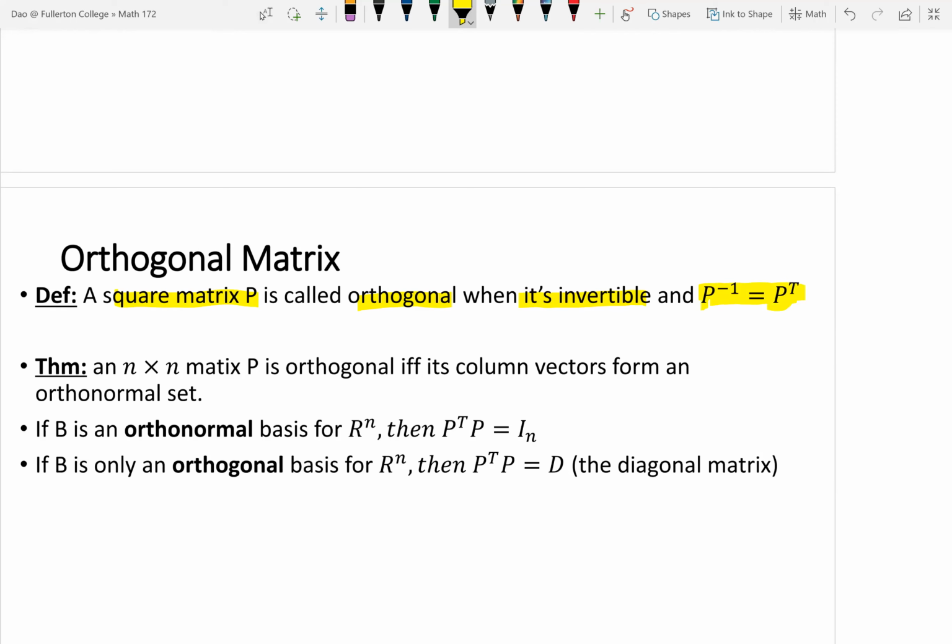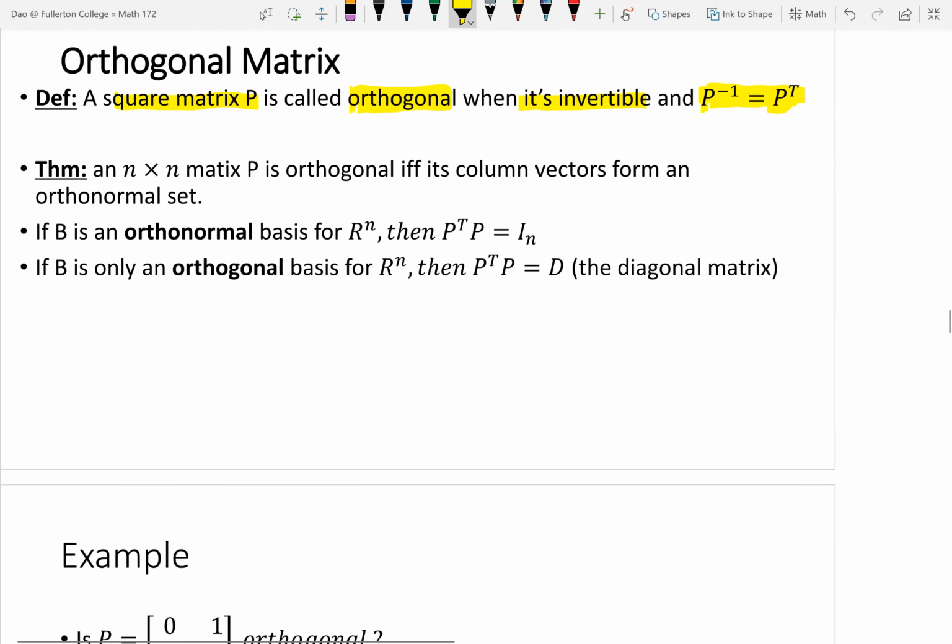So any matrix is considered to be orthogonal if and only if it's invertible and P's inverse equals P transpose. So first you have to be able to find the inverse, and then you want to see whether P's inverse equals P transpose or not.